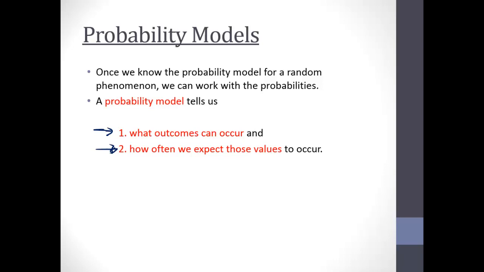It's a motivating example: we list out what outcomes can occur, and secondly, how often we expect those values to occur. So when you're asked to write down or think about what the probability model is, here's what we need: what outcomes can occur and how often we would expect those values to occur.